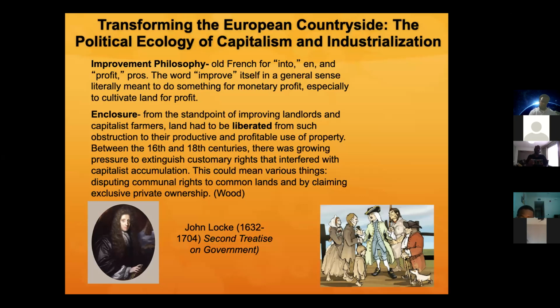And what drove that was a particular worldview, that the way the European peasantry functioned was in fact scientifically backwards. They didn't know what they were doing with the land. They were ignorant of how profitable it could be if used appropriately, right?